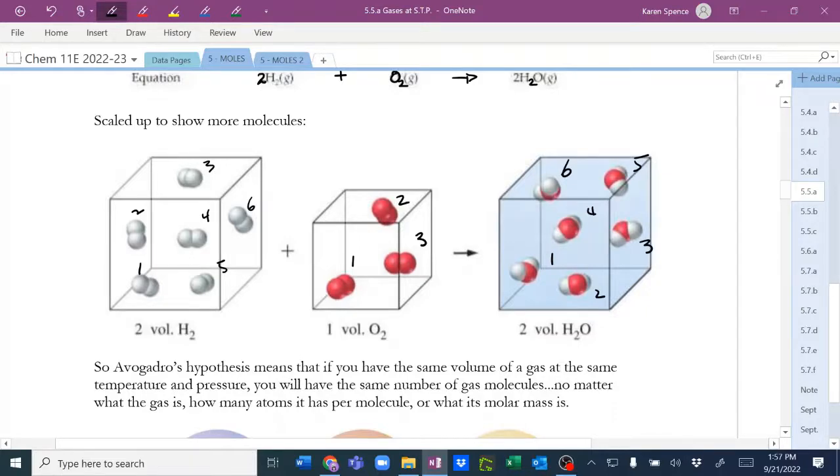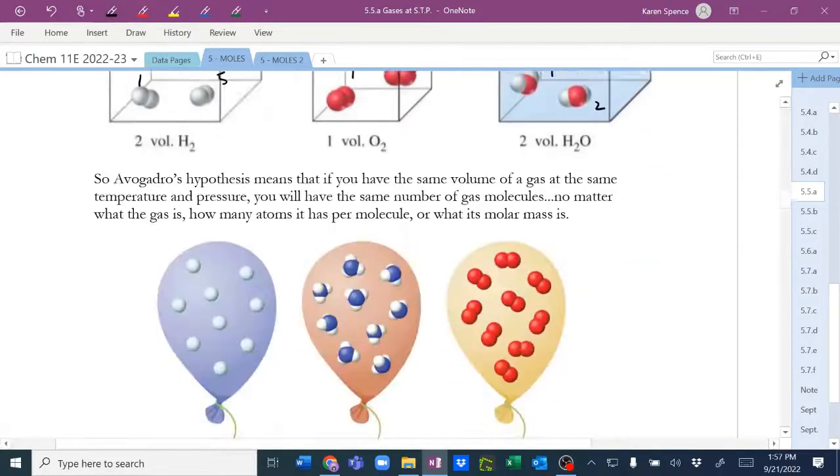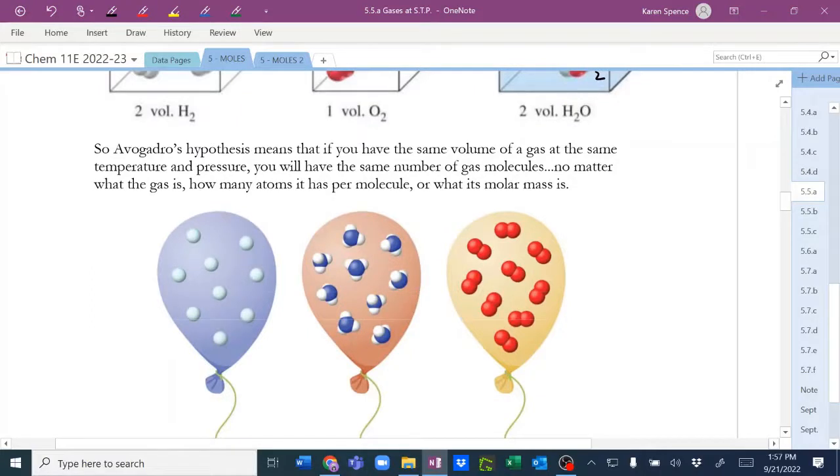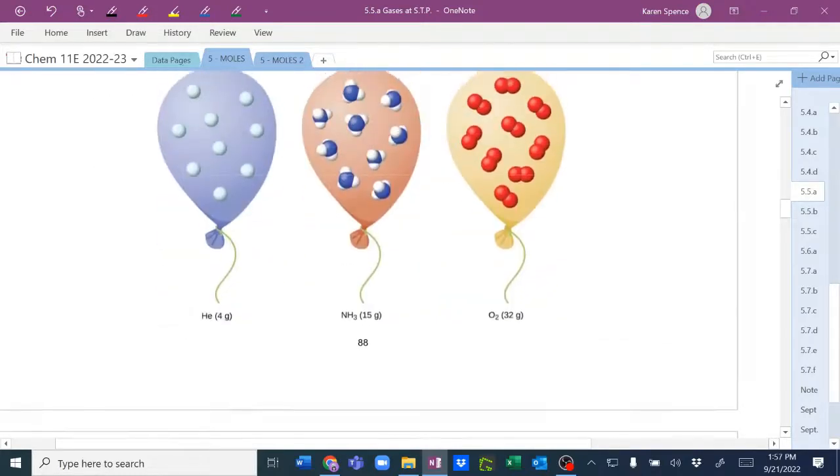Is that good? Okay. So Avogadro's hypothesis just says that, and that's how they figured out that every time you have a certain volume, it doesn't matter what the gas is, it will always contain the same number of particles.